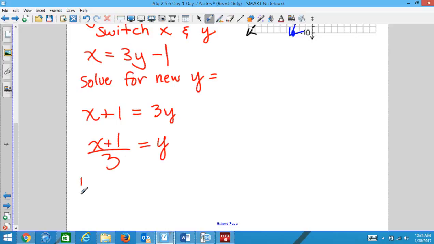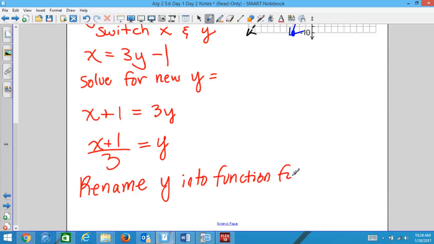Okay, after that, we're going to rename y into function form. It's like f of x, but we're not going to call it f of x because there's already an f of x. So we're going to call it g of x.